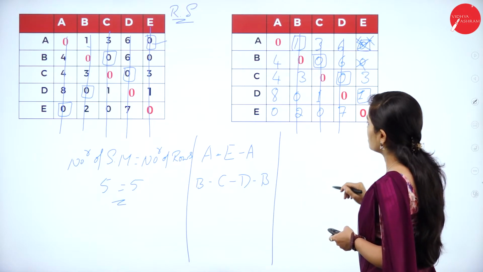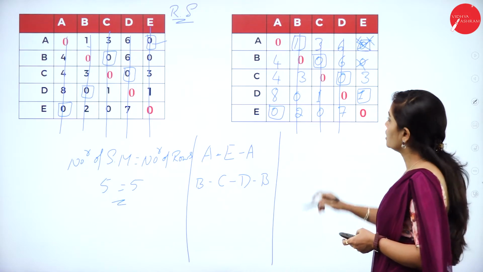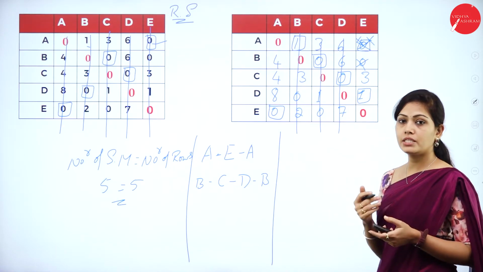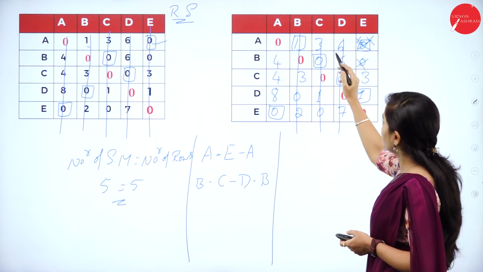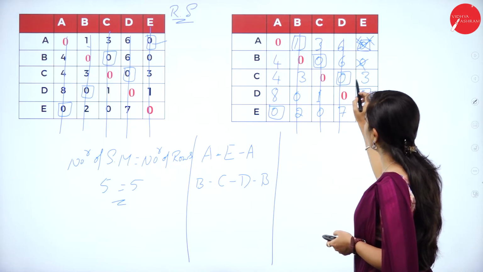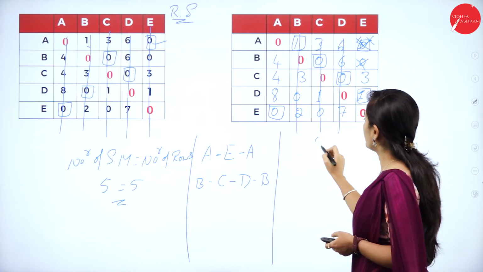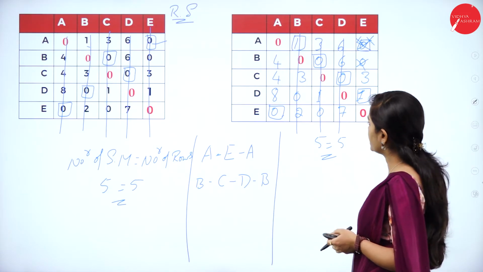And in the last row I am assigning this 0. Now you can cross verify whether it is satisfying the optimality condition or not. In the first row I have assigned this 1, and second 0, 3, 4 and 5. So the number of square marks is equal to the number of rows. It's satisfying the optimality condition.